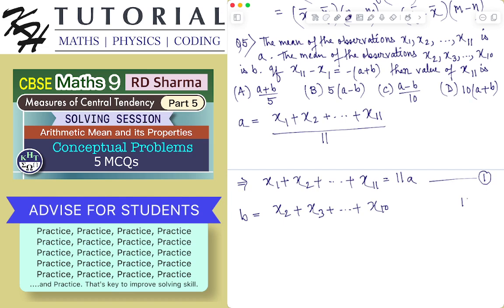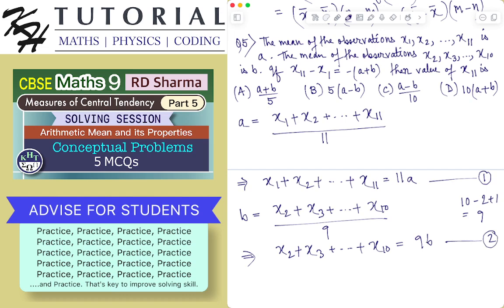So there are 10 minus 2 plus 1 observations, which is 9. There are 9 observations. So divided by 9, this implies x2 plus x3 like this up to x10 is equal to 9b. Let this equation be 2. We have to find x11.